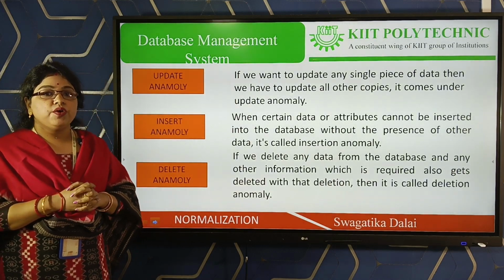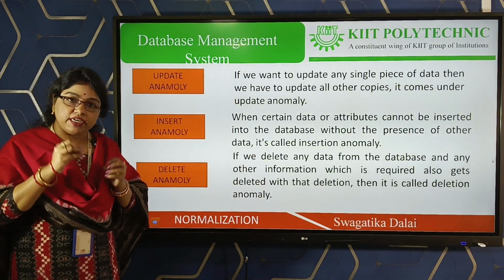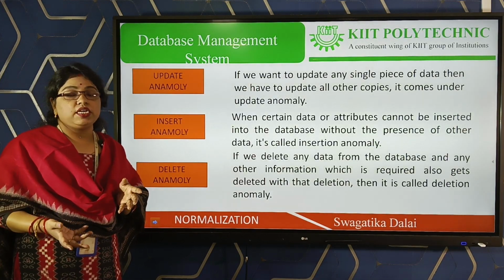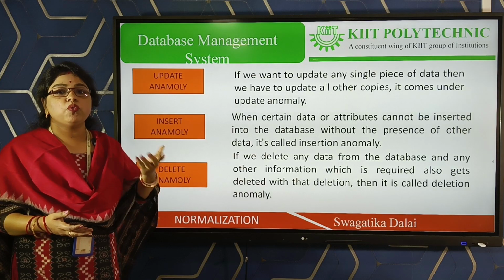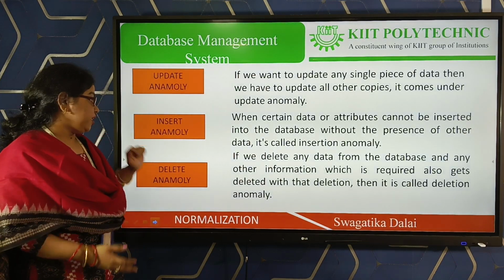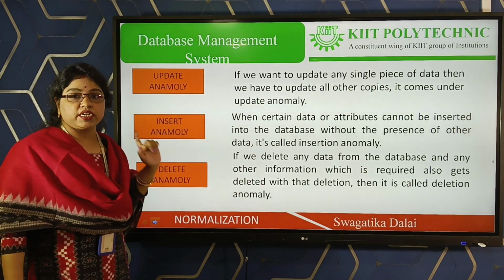Update anomaly means when we update a single data value in a relational table, and it causes updating more than one value in the database, that creates update anomaly. Next one is insert anomaly.